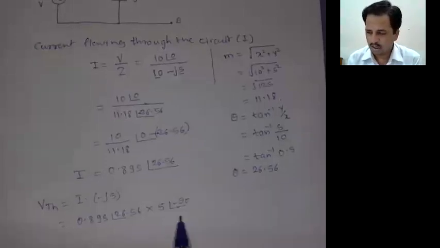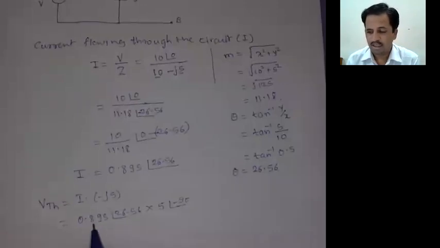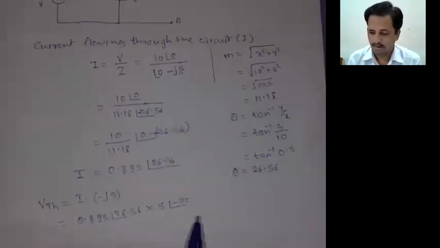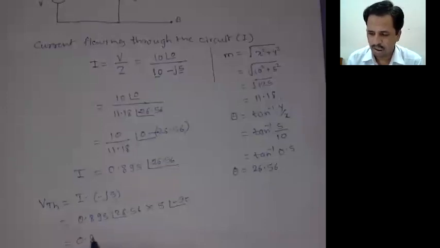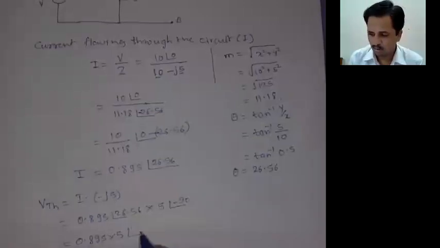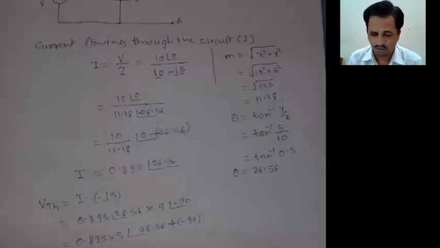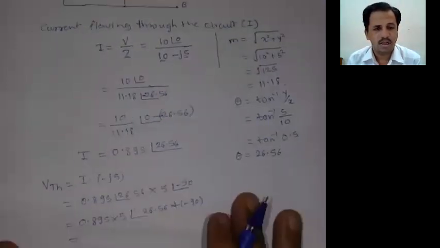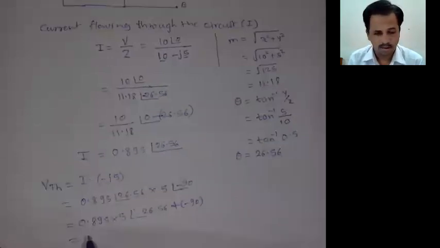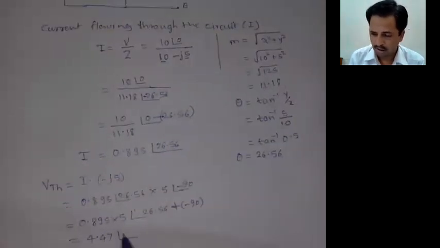Now we have to solve this. These two quantities are multiplied, and these two angles we have to add. Here the value is 0.895 into 5 with angle 26.56 plus minus 90 degrees, and therefore this quantity is represented as 4.47 with angle minus 63.44.